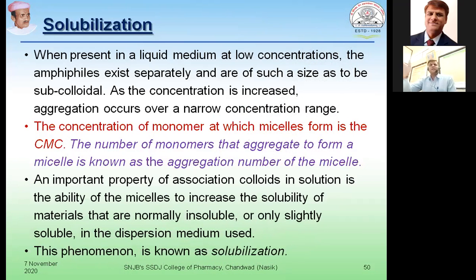For every surfactant, the aggregation number of the micelle is different and unique. For a few surfactants, even fewer than 50 monomers come together to form micelles. There are some surfactants where more than 50 monomers need to aggregate to form a micelle.